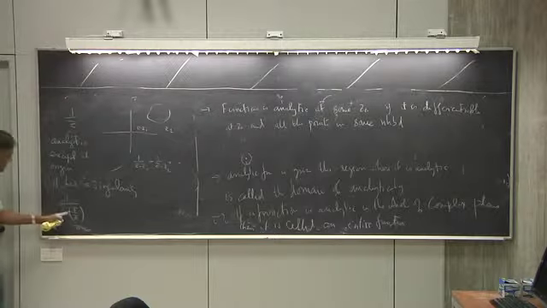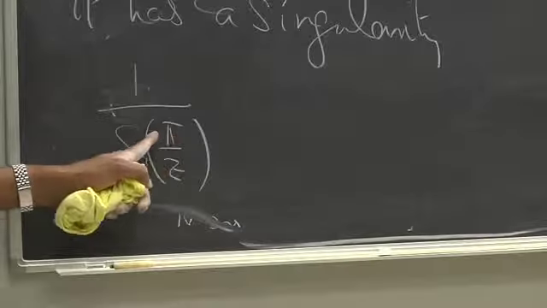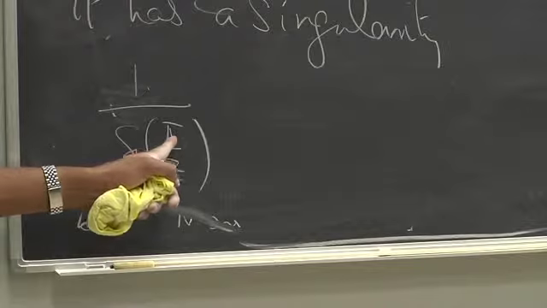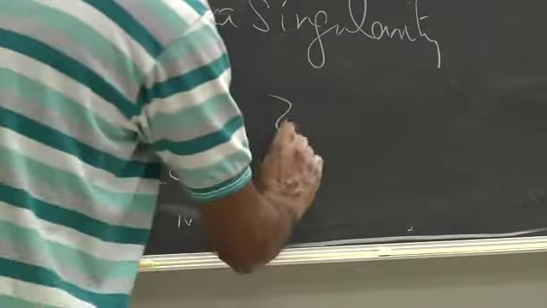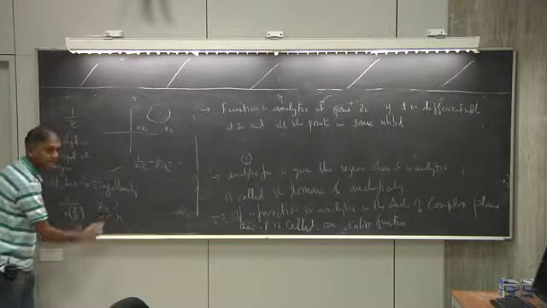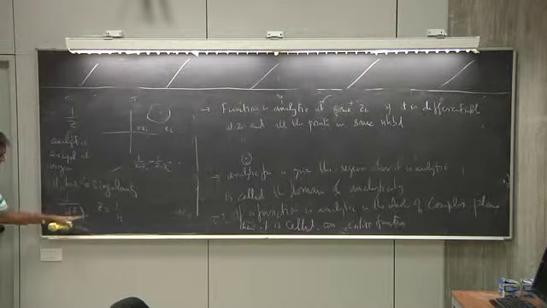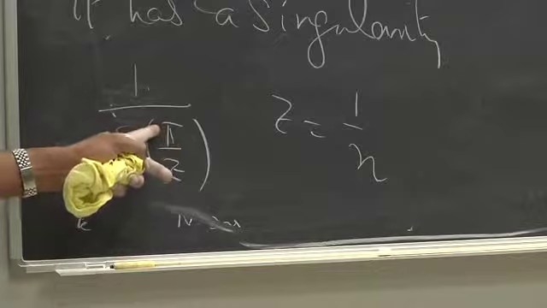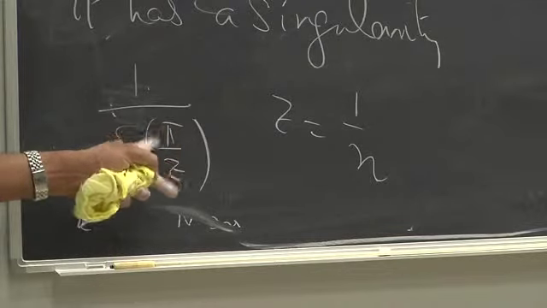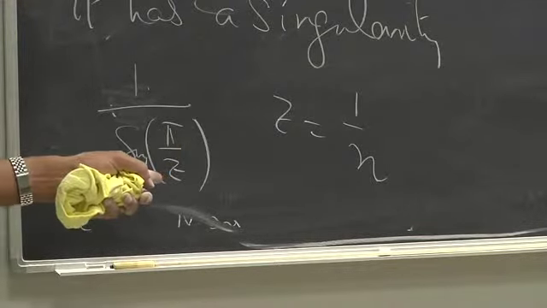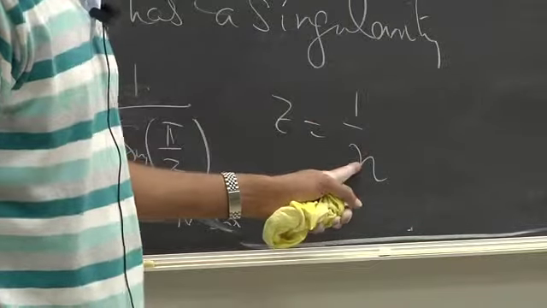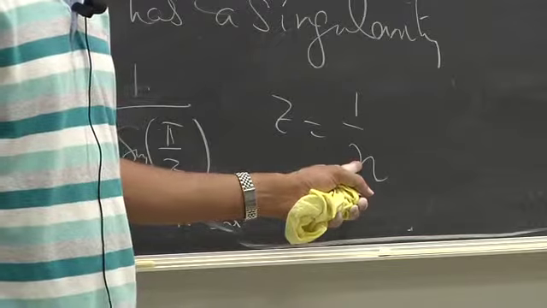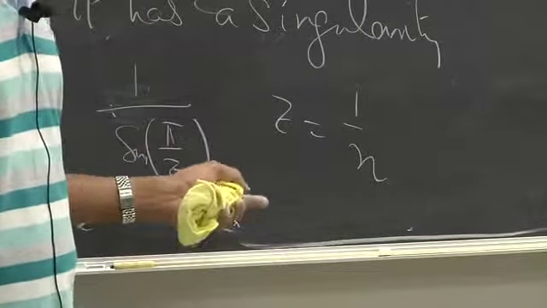Sine of any integer times pi is 0, right? So this will become 0 whenever z is 1 over some integer n, right? Because if z is 1 over n, this becomes sine of n pi, and sine of n pi is 0, and this is the denominator, so it blows up, right? So whenever z is equal to 1 over n, this blows up. There's a singularity.